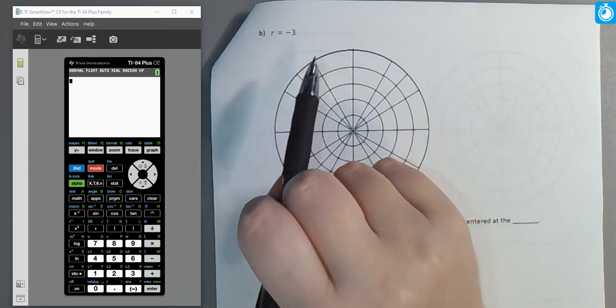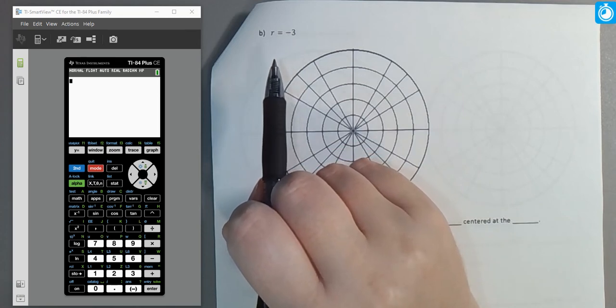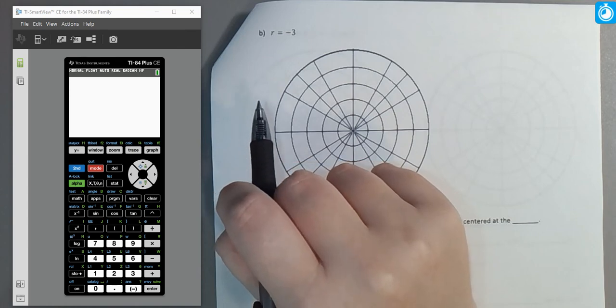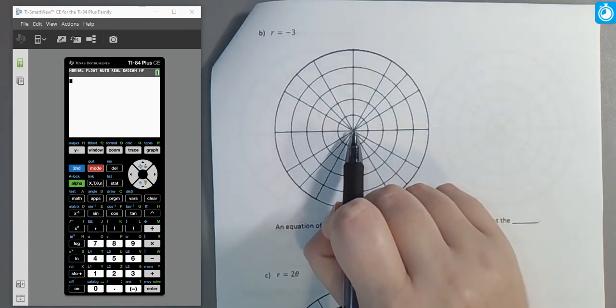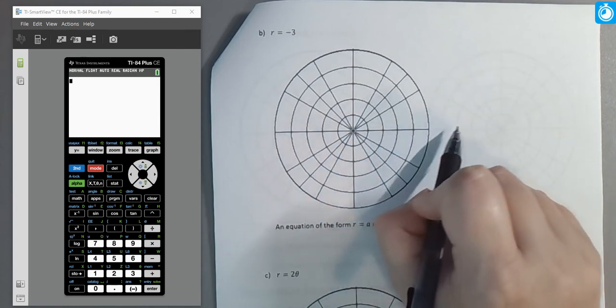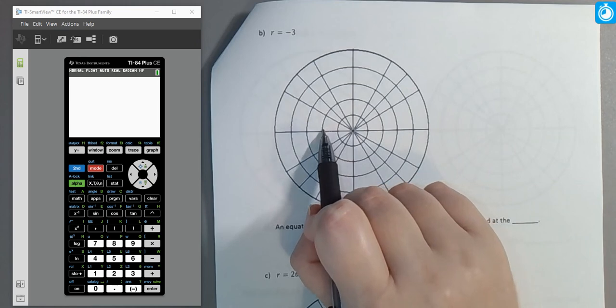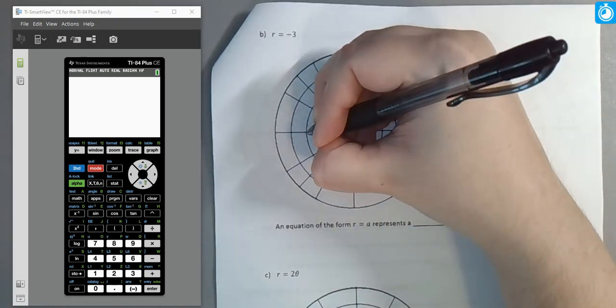So we choose a value for theta, but we have to have an associated value of r equal to -3. Suppose we let theta be 0, which means we're along the polar axis. We haven't rotated anywhere. If theta is 0, but r is -3, that means we're technically starting over here along the negative polar axis. So this would be theta is 0, but r is -3.